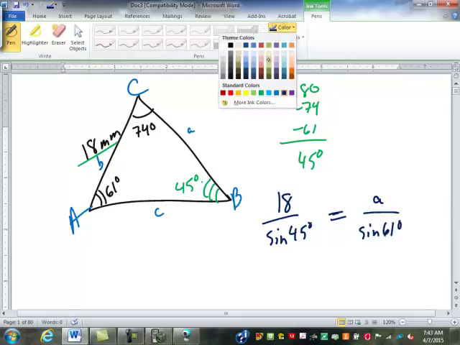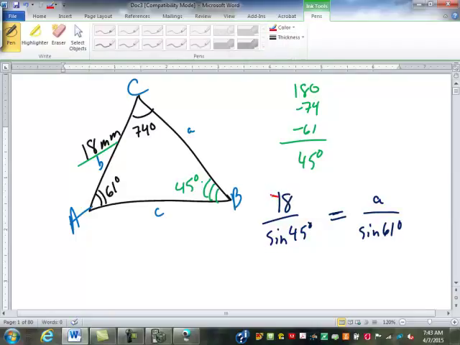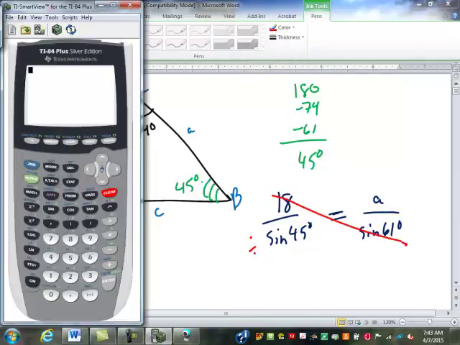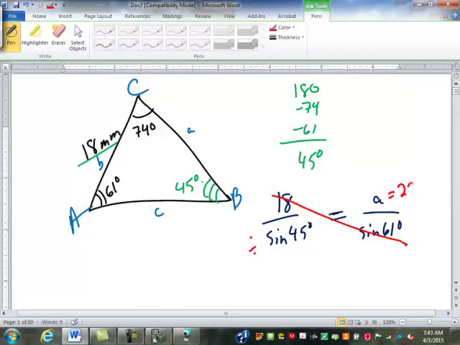So we will cross multiply: 18 times sine of 61 divided by sine of 45, giving us 22.26 millimeters. That goes here.